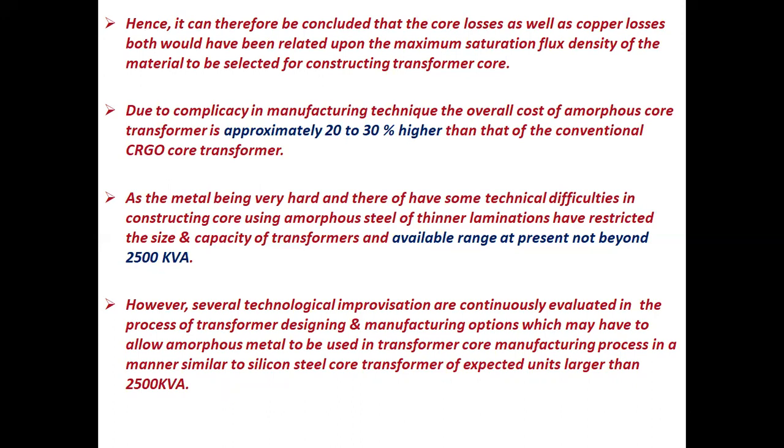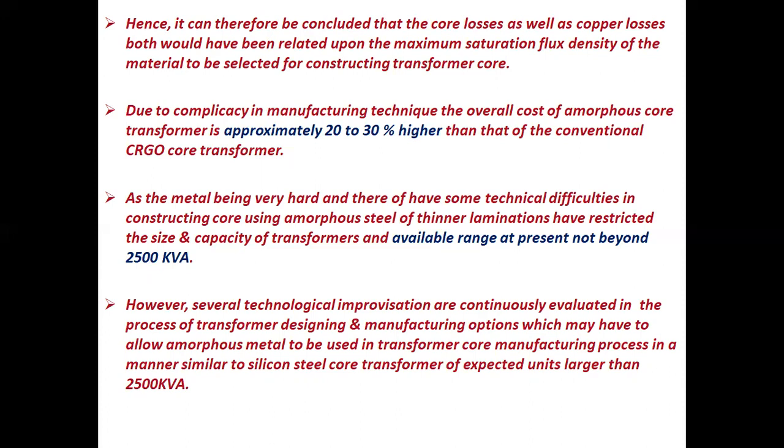As the metal being very hard and therefore of some technical difficulties in constructing core using amorphous steel of thinner laminations have restricted the size and capacity of the transformer and available range at present not beyond 2500 kVA.